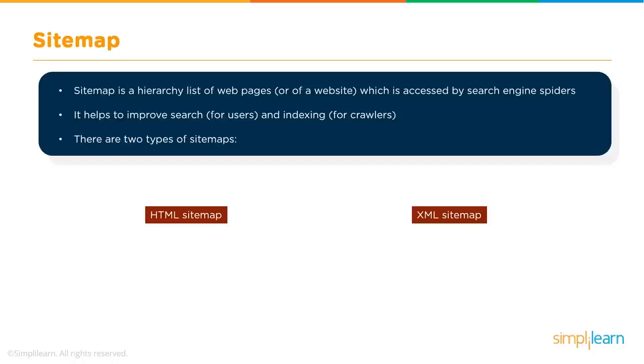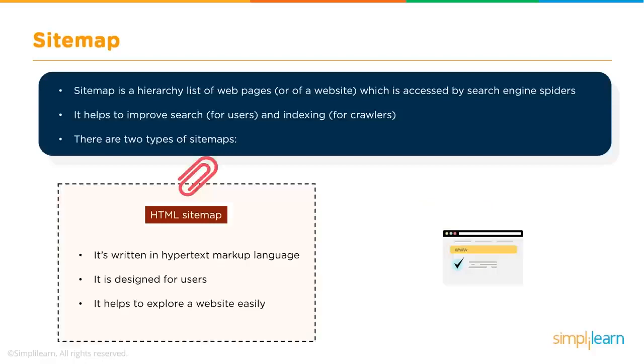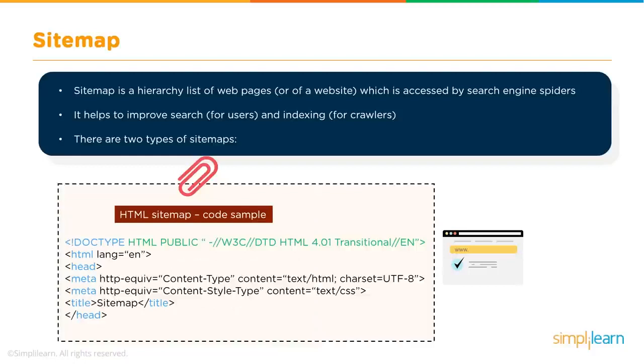That's the XML sitemap, and XML is just a different format. It's just a way to format all the links on our website. The HTML sitemap is written in hypertext markup language, designed for the end user. It helps the end user navigate the website quickly because they can find what they're looking for.